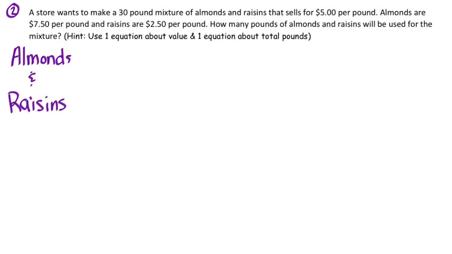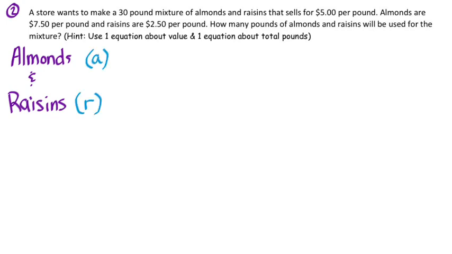So here we have a store that wants to make a 30-pound mixture of almonds and raisins that sells for $5 a pound. Almonds are normally $7.50 per pound, and raisins are $2.50 per pound. How many pounds of almonds and raisins will be used for this 30-pound mixture? It says hint: write an equation about the total value and about the total pounds.